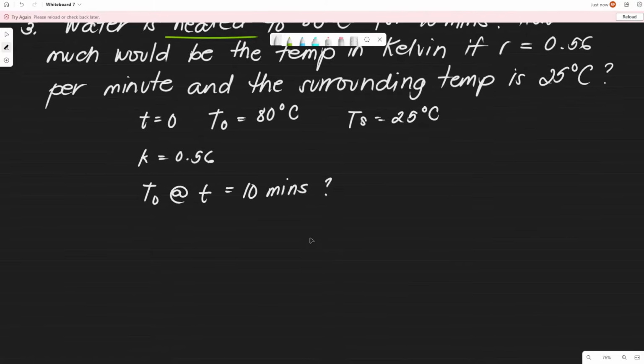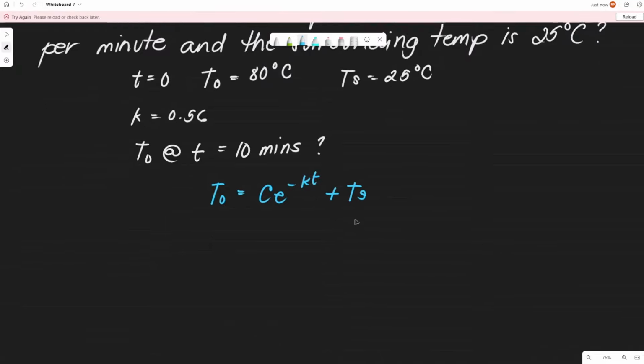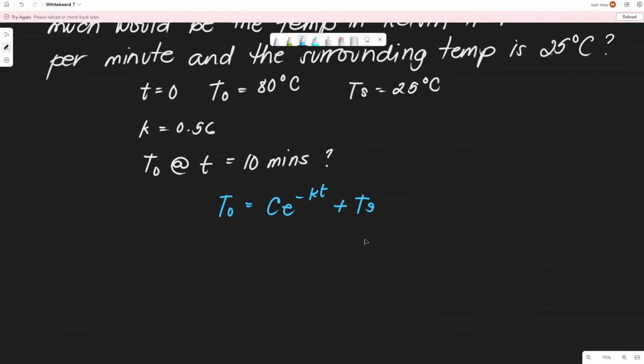It is not heating. So, since it is cooling, T sub O is equal to C e raised to negative KT plus T sub S. Let's solve for the value of C, our initial condition.